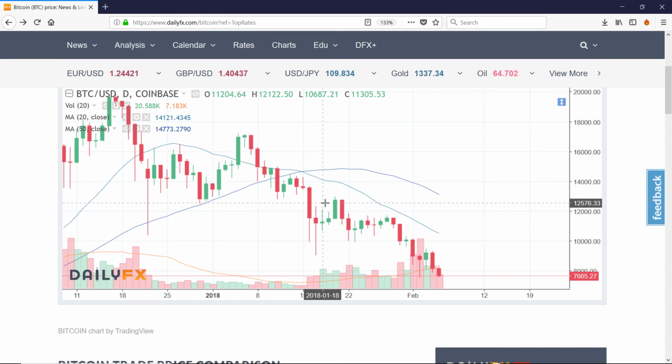So there are certain levels which the market tends to check. So we'll have a look at that next.